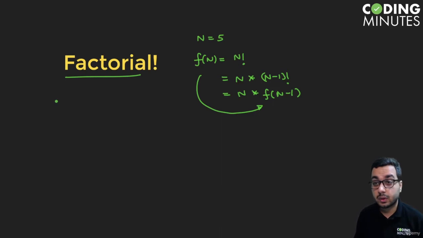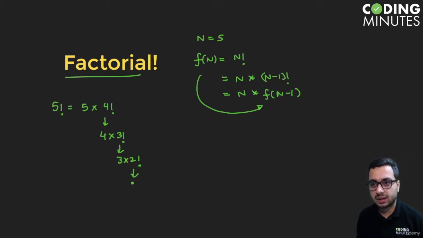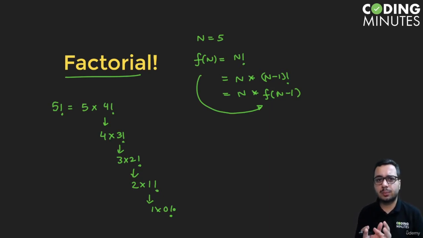Now, how do we compute it algorithmically? For example, if I want to compute 5 factorial, this will be written as 5 into 4 factorial. This 4 factorial can be written as 4 into 3 factorial. This can be written as 3 into 2 factorial, then 2 into 1 factorial, then 1 into 0 factorial. At 0 factorial, we have reached a point where the problem cannot be broken down further.